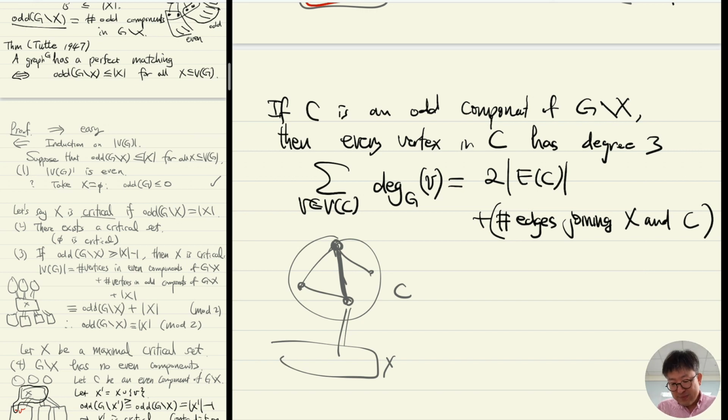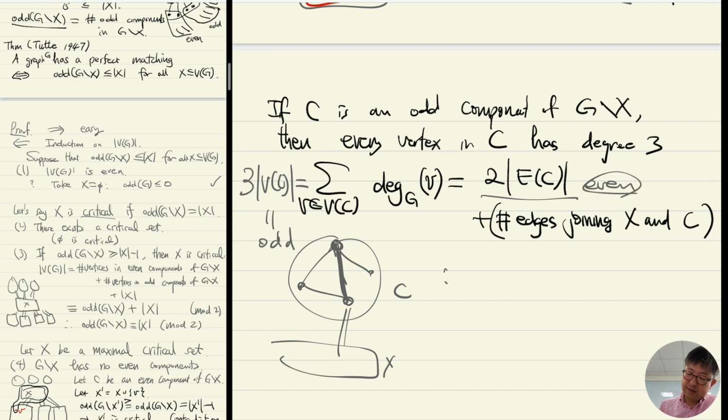All right. So that means this is equal to the number of vertices in C times 3, because every vertex has degree 3. So this has to be odd. And this is even.